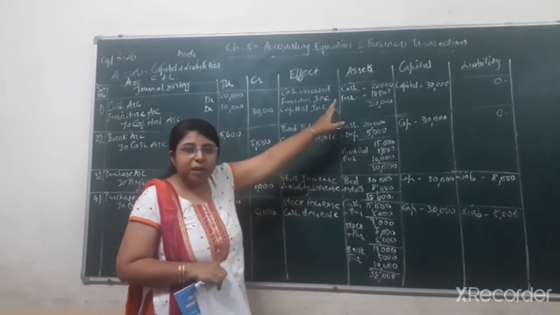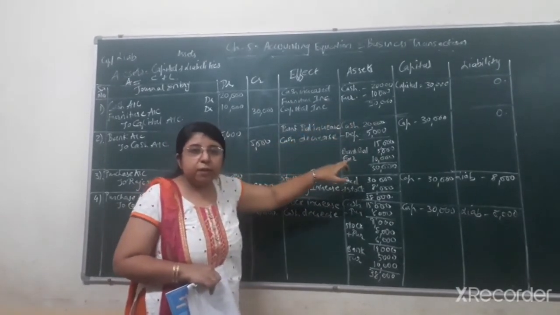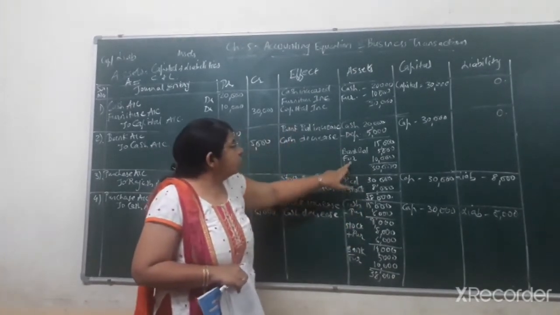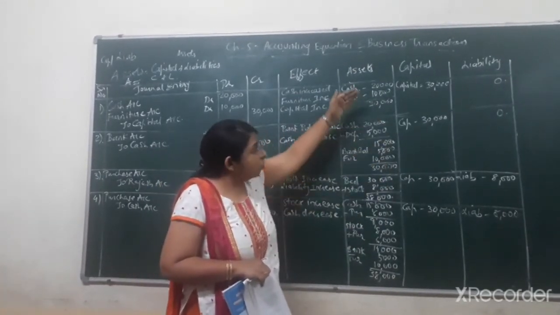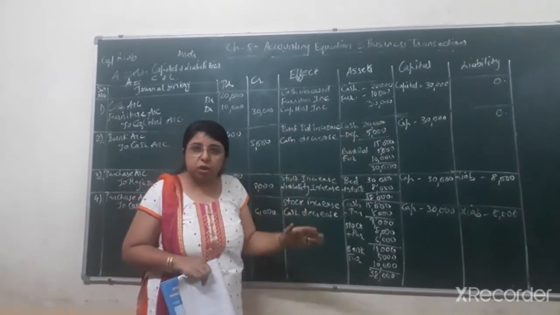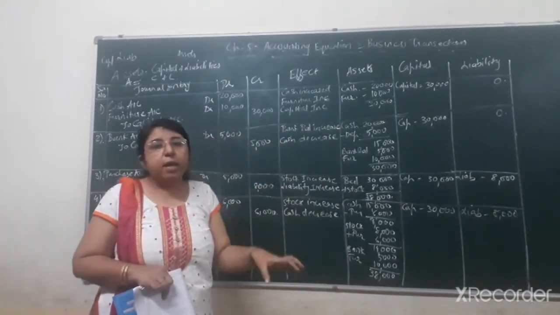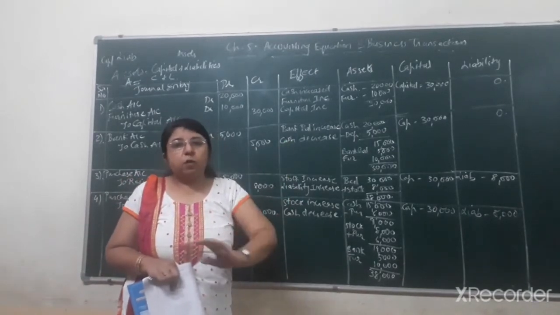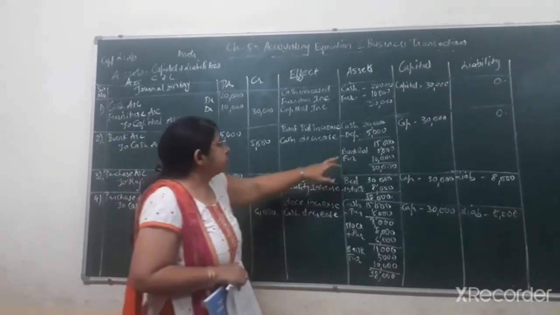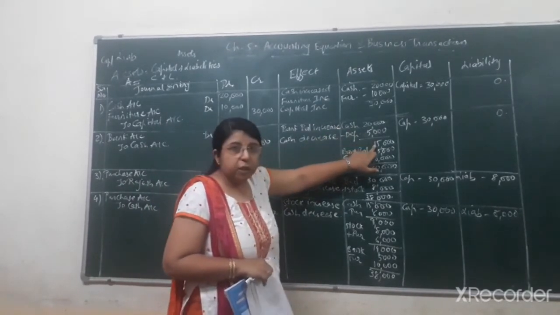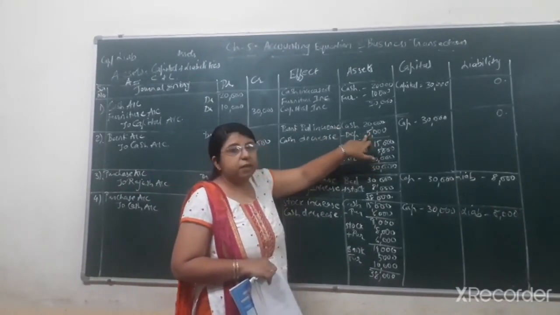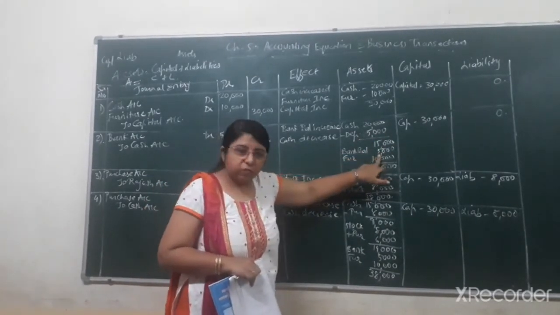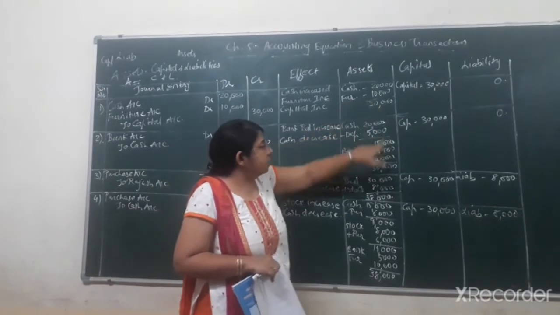Previously there was no bank balance in the first transaction, but because of the second transaction, the bank balance has increased by rupees 5,000. Furniture remains as it is, 10,000. You have to carry forward each and every transaction and find out the total assets, capital and liabilities of the firm at the end of all the transactions. So cash is 15,000, bank is 5,000, and furniture is 10,000.